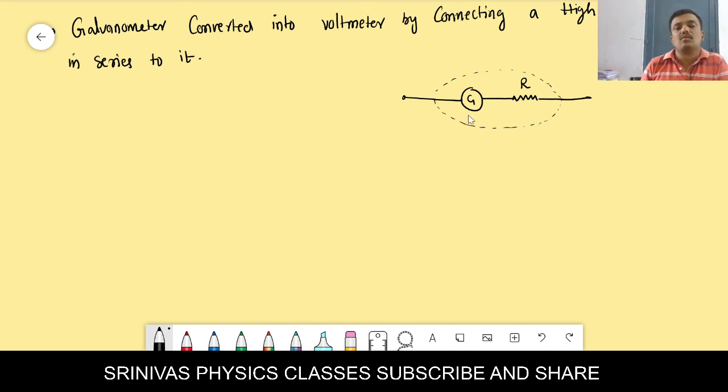We are converting the galvanometer into a voltmeter by connecting a high resistance in series.